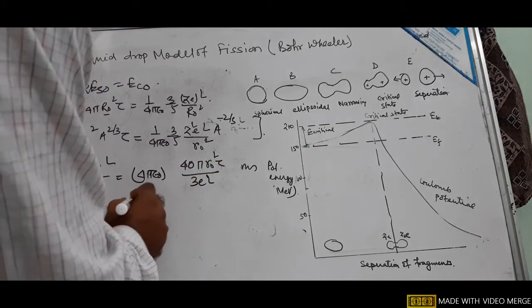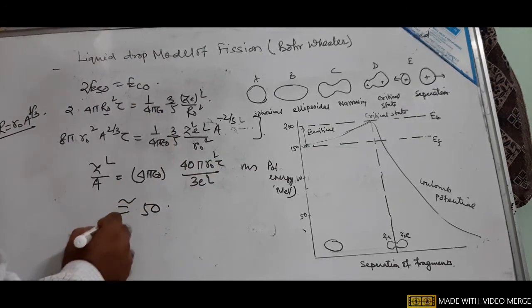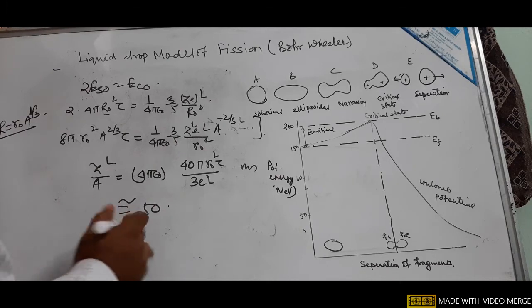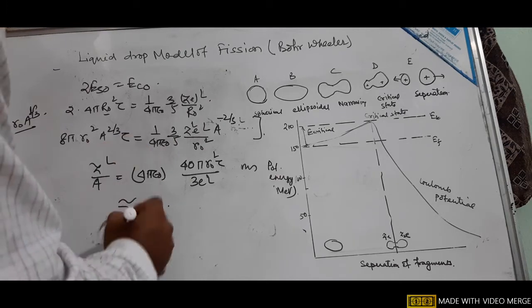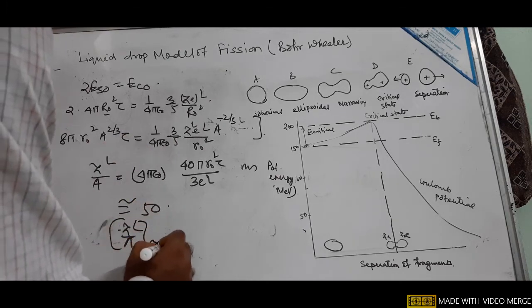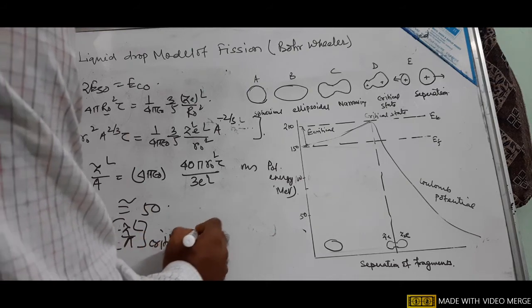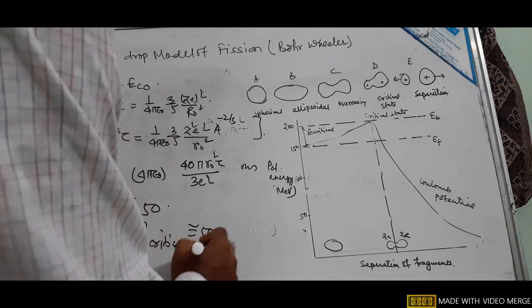So this is almost equal to 50. So Z square by A, the critical value, the critical condition, is almost equal to 50.